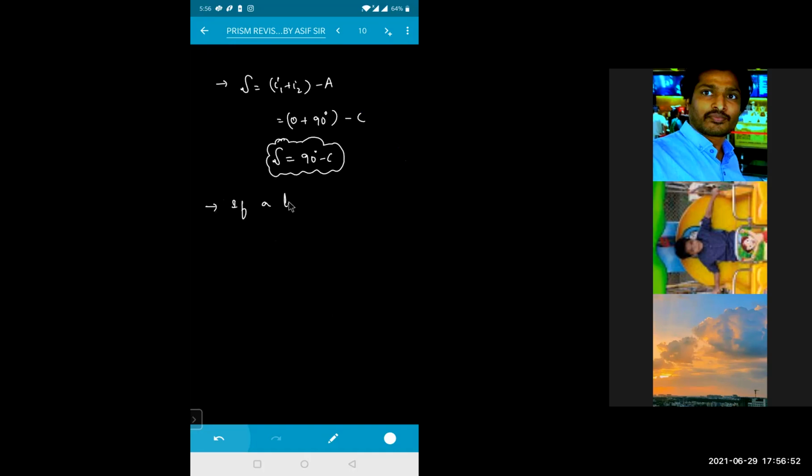If a light ray normally emerges out from the second face, then I2 will be equal to R2, that will be equal to 0, and R1 will be equal to the critical angle.